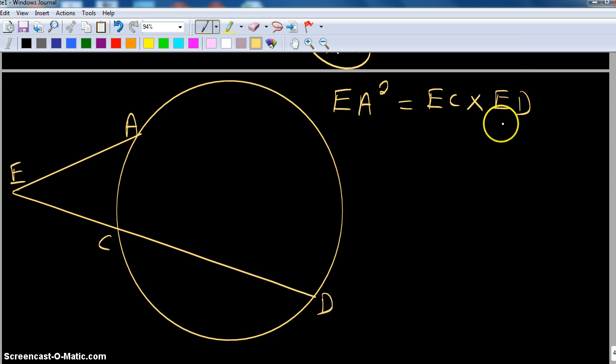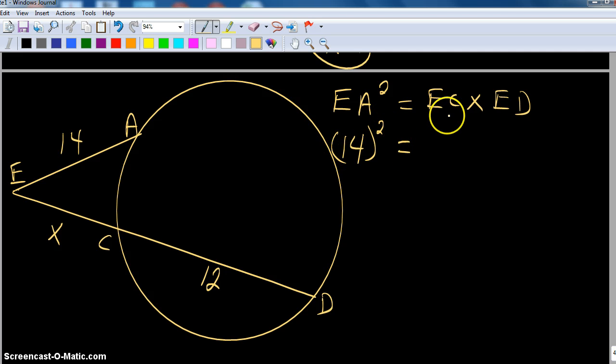Right? So let's put the numbers so we can try a question. Let's say that EA is 14. Let's say that's X, and we'll put this to be 12. Now we're going to have some real fun doing math. So EA is 14. It says to square it. Then EC is X times ED.